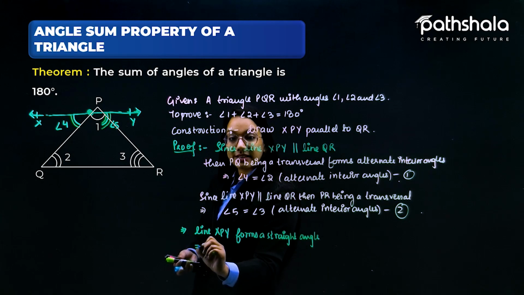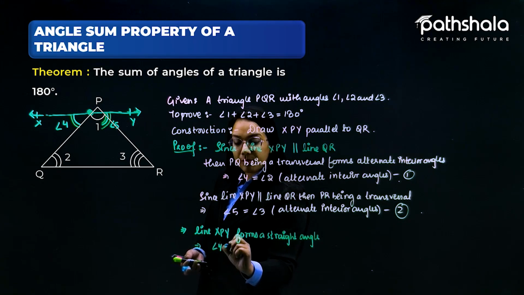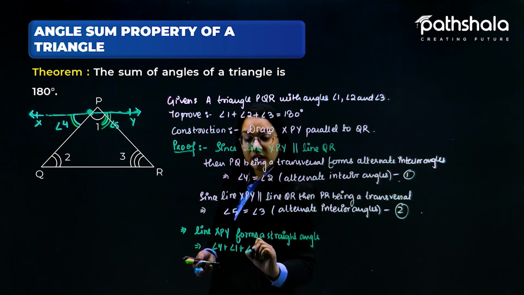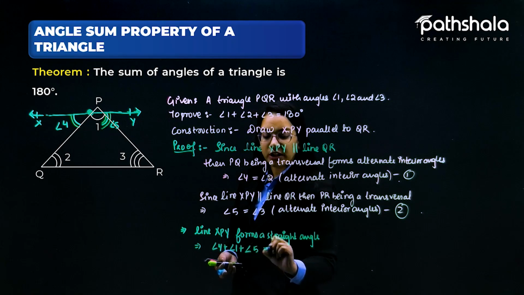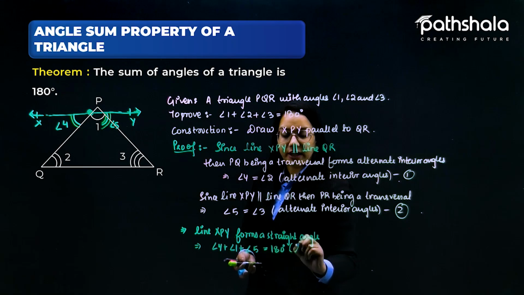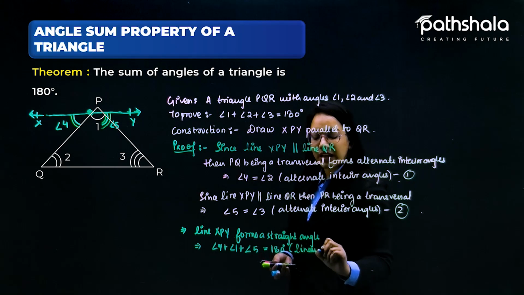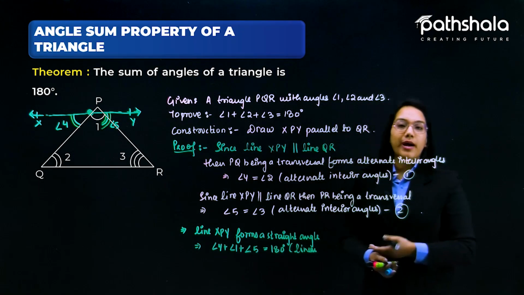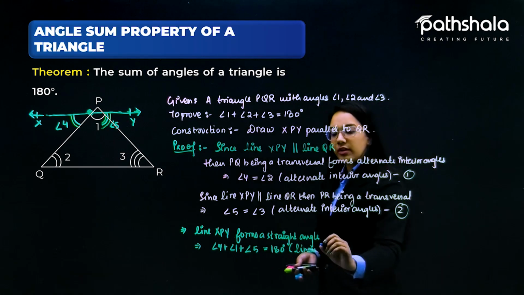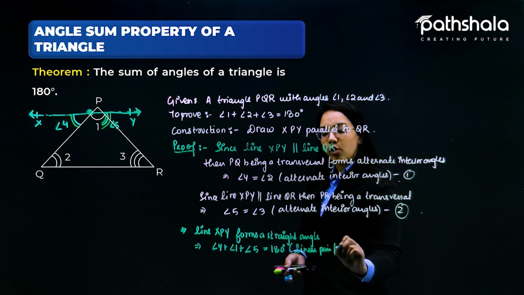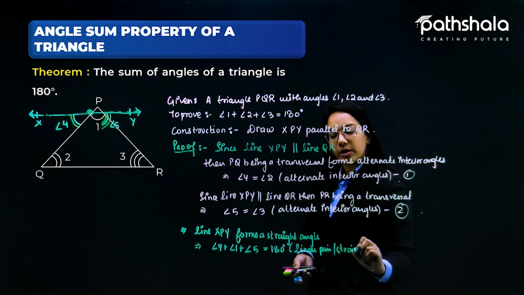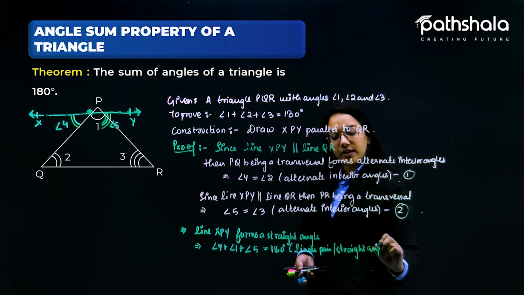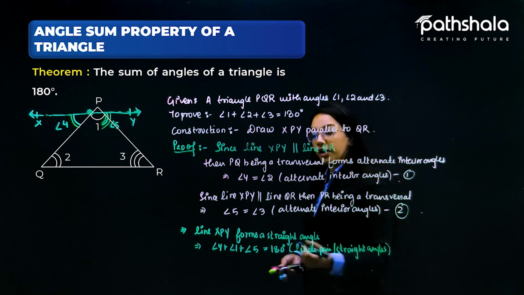It implies that angle 4 plus angle 1 plus angle 5 is equal to 180 degrees, because we can say it either by the linear pair axiom or by a straight angle formation. That's why their sum is equal to 180 degrees.